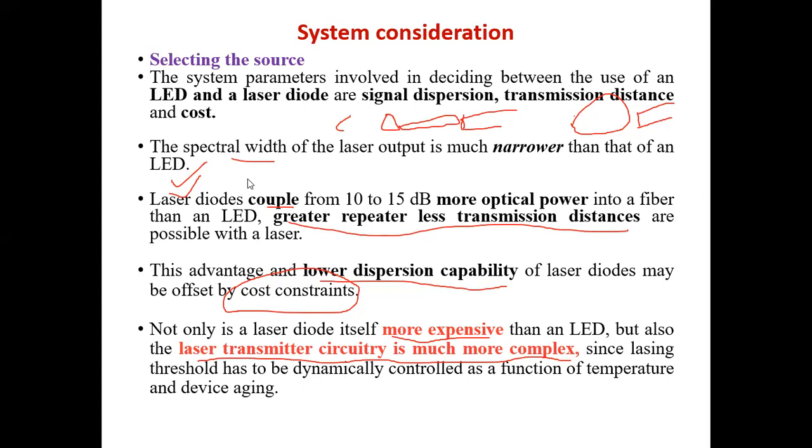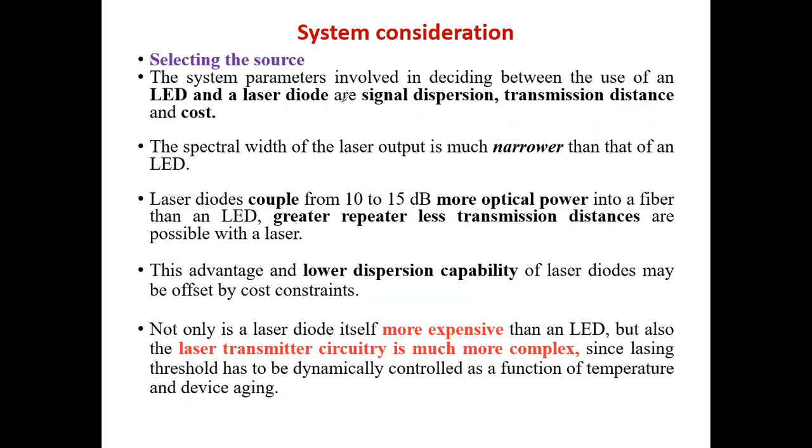But we have efficient engineers like you who work in Jio, Vodafone, Airtel, so you know how to design complex circuitry. Also, temperature and aging problems are there, but those can be handled. So these are the points about selecting the source.